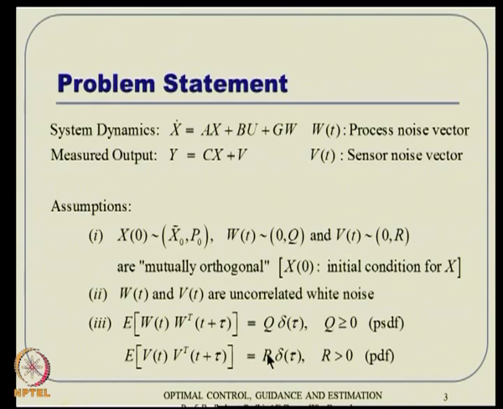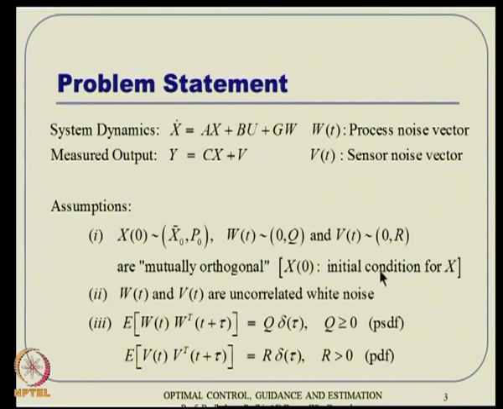But there is a very important behavior here. There are two assumptions actually, which tell us that x of 0, w of t and v of t are mutually orthogonal. That means I take any combination, x of 0 and w, or w and v, or v and x 0, they are mutually orthogonal. And second, w and v are uncorrelated, and they are white noise. So, you see many assumptions are involved, but the beauty is the filtering still works actually.